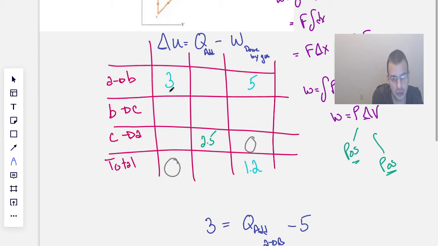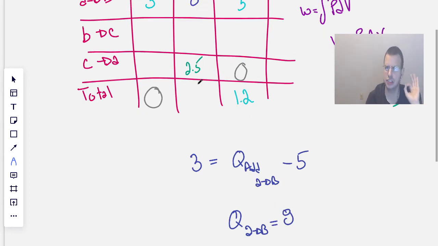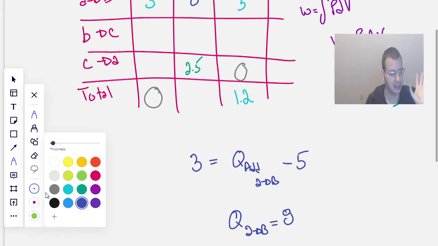This is the equation we get just from this top row. And so solving this, we get Q A to B equals 3 plus 5, which is 8. I know it seems easy, but it's so easy to get the signs mixed up that it's worth going through all the details here.